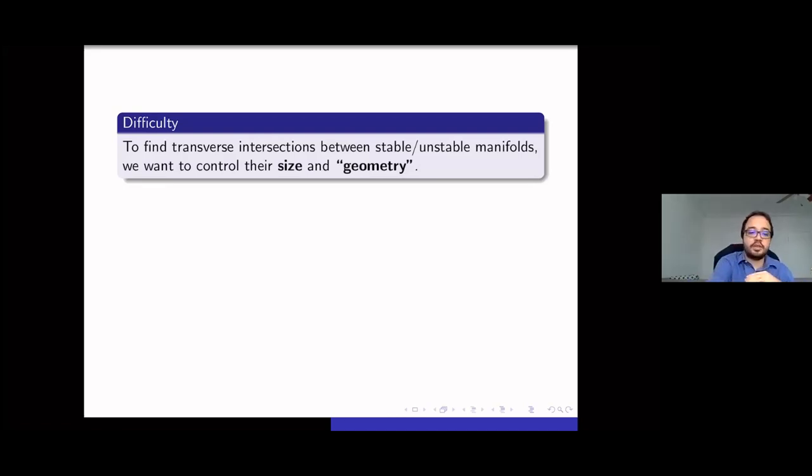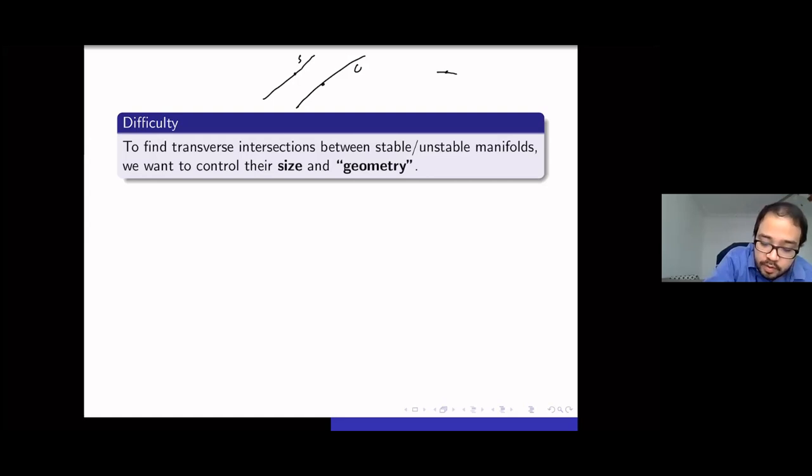So that's what I'm calling here geometry. So you want to control size and geometry of these manifolds. Size meaning you have to have decent size. Geometry meaning you want to know that they go in certain directions. Because otherwise you could have a picture like this. You could have two points close together. Their manifolds, the stable manifold could be large, the unstable manifold could also be large, but if they don't have good angle, you wouldn't get an intersection.